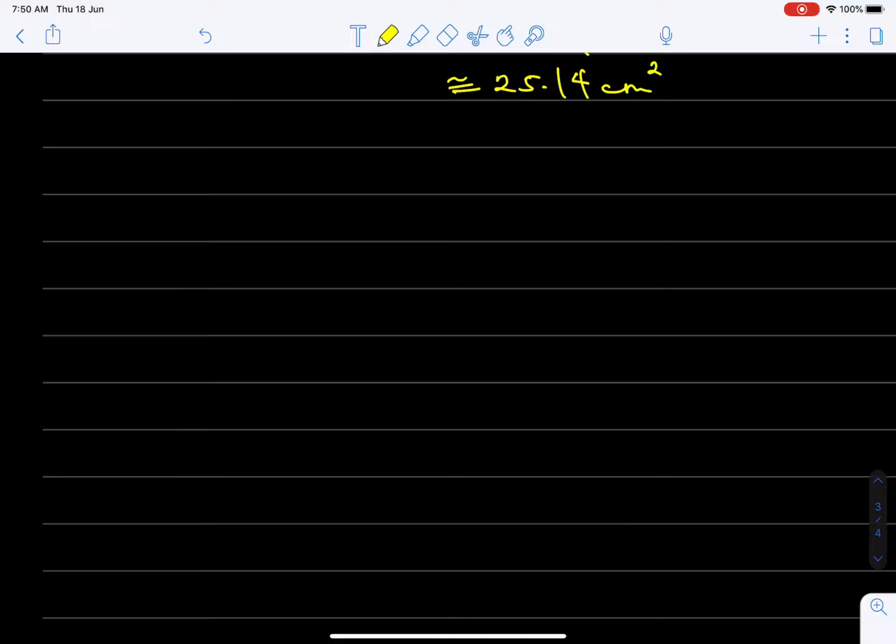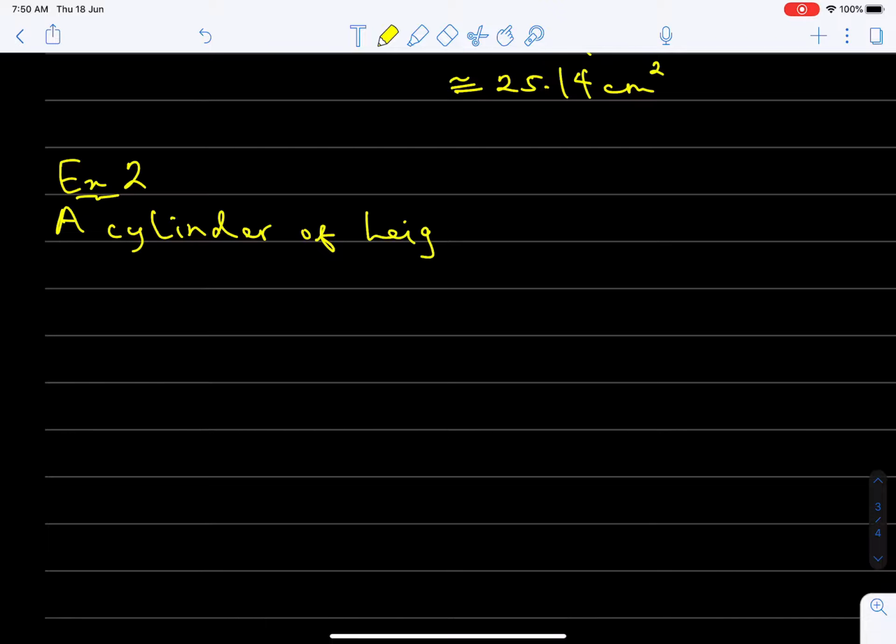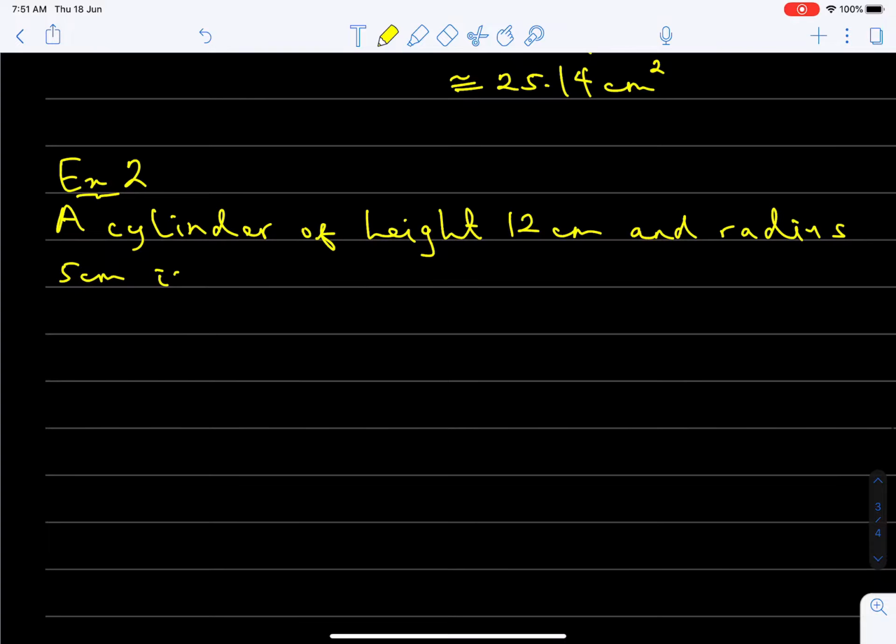Example 2. A cylinder of height 12 centimeters and radius 5 centimeters is made of cardboard.